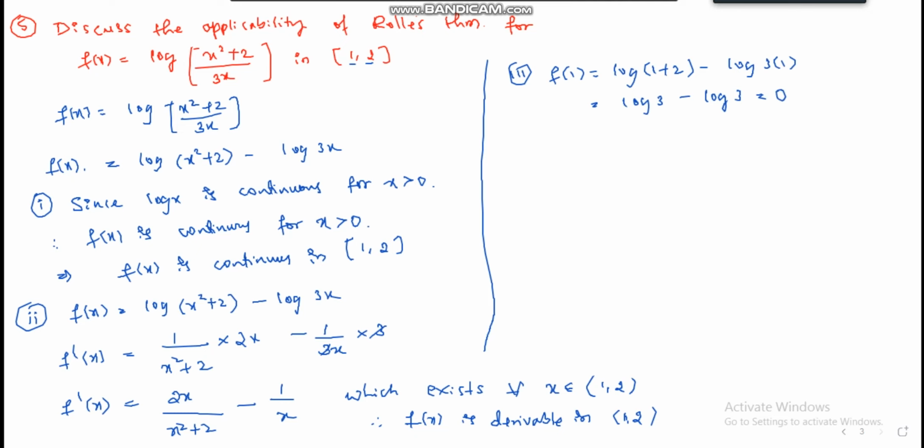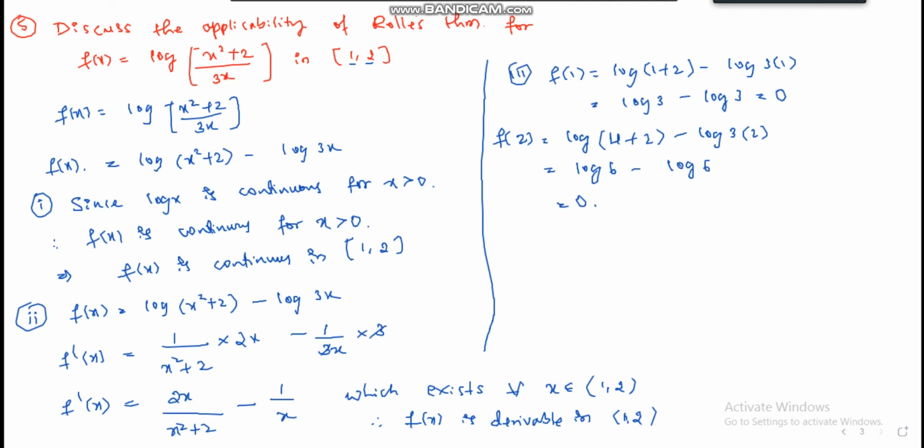Similarly f of 2 is equal to log of x square plus 2, where x square value is 4 plus 2, minus log of 3 into 2. So we get log 6 minus log 6, again answer 0 only.